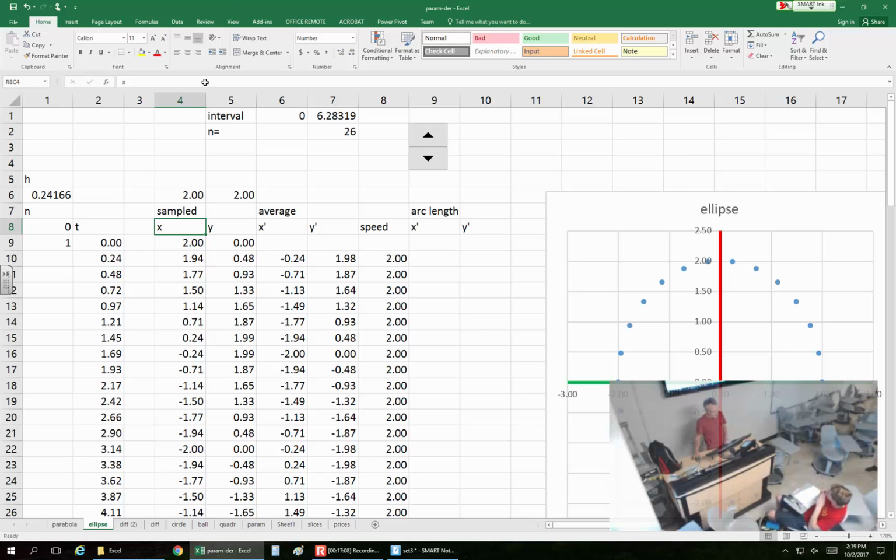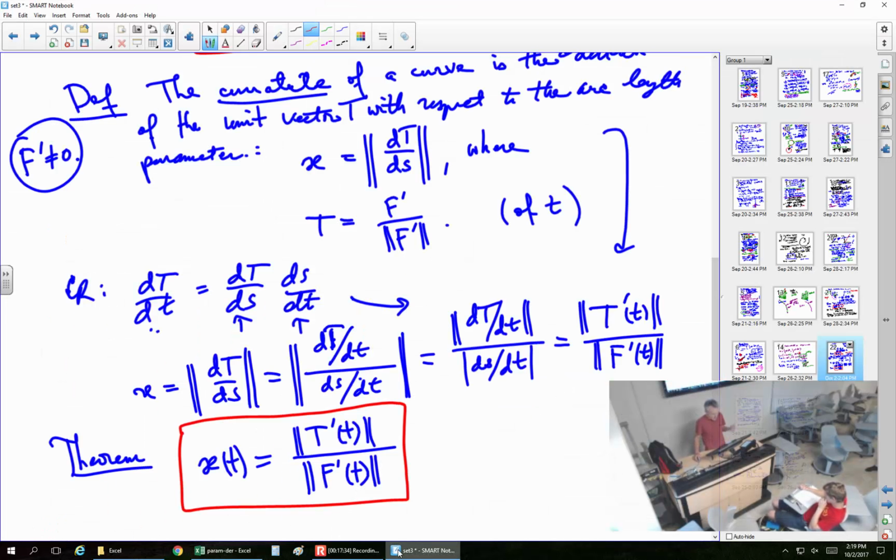Then based on those dots, remember we're doing difference quotients, to find out the rate of change as we move from point to point, for x and then for y. Then we did the speed over here of x prime, y prime, and as you can see it is equal to 2 because the radius is 2.